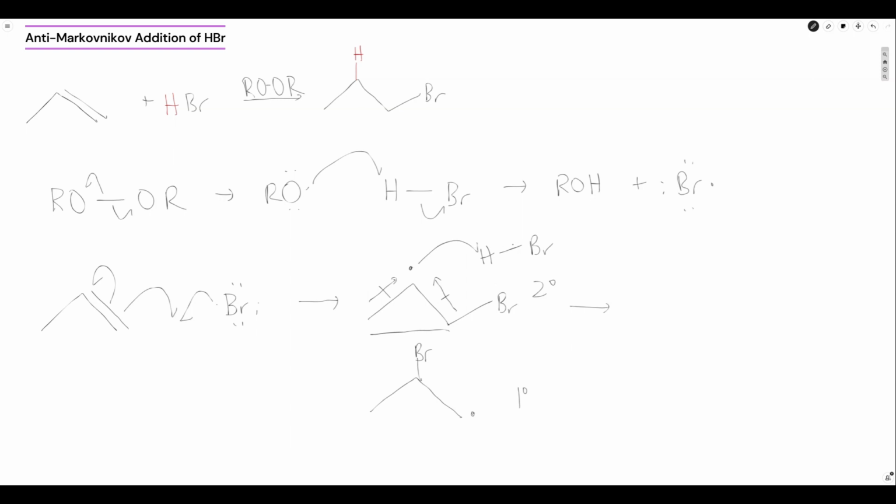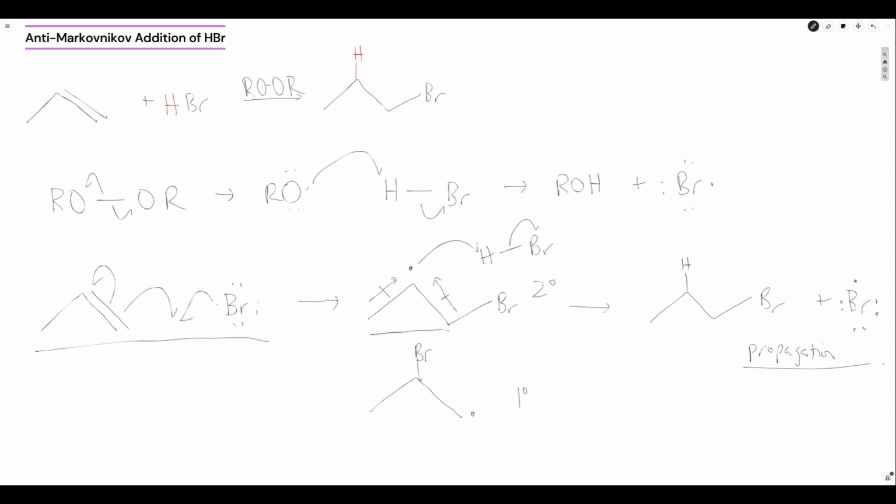It abstracts a hydrogen and leaves behind a bromine radical for another cycle of the reaction. So this is the product that you get. Plus, we get another bromine radical. And this bromine radical simply goes back and repeats this chemistry here with another equivalent of our double bond. And this is called a propagation step.